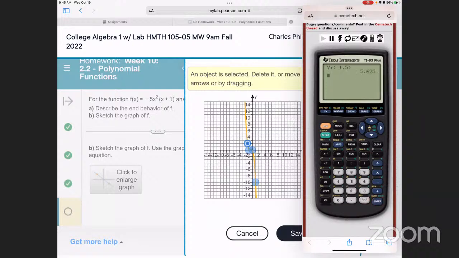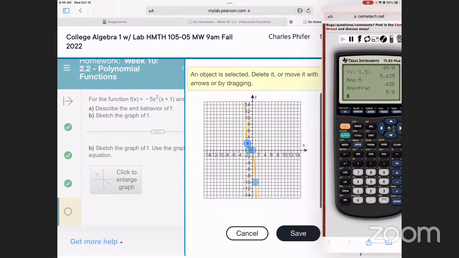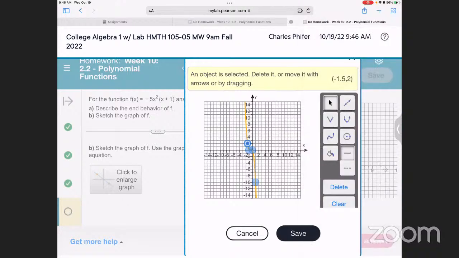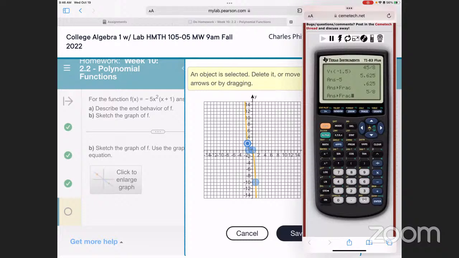Let's do math as a fraction. We get this result, 5 and 5/8. See, that's the one that you need but can't graph. What if we do when x is -2? I think -2 goes off the chart. I think that's what we said there.